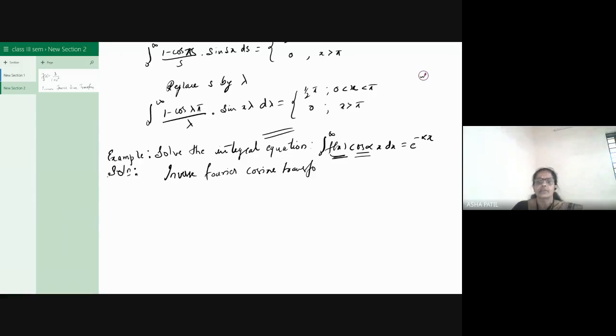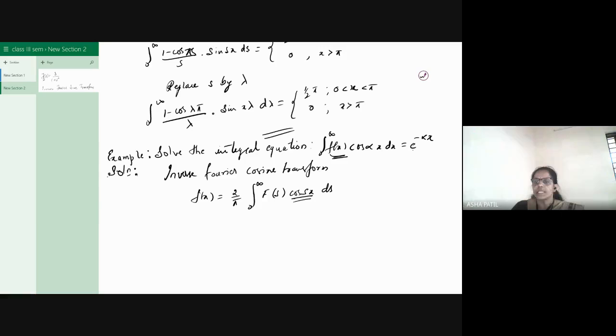What will you write? f of x is equal to 2 by pi integration from 0 to infinity f of s into cos sx ds, right? So instead of s here, which is the parameter used? Here it is cos sx, but here it is cos alpha x. So instead of s, the parameter used is alpha.